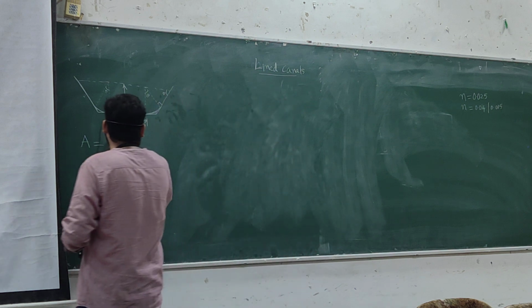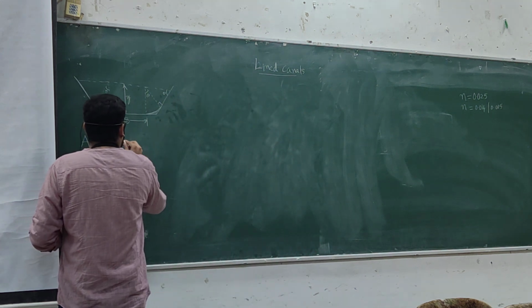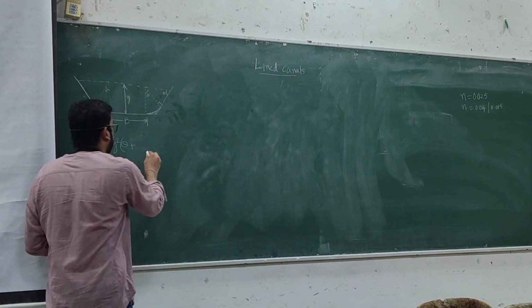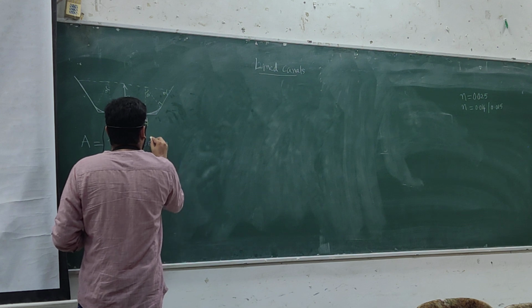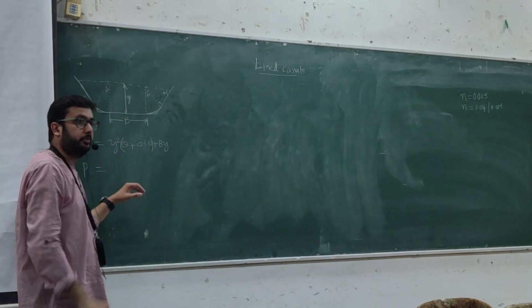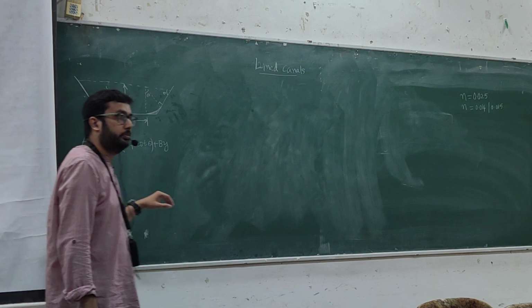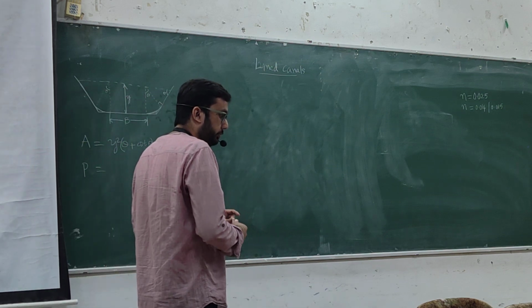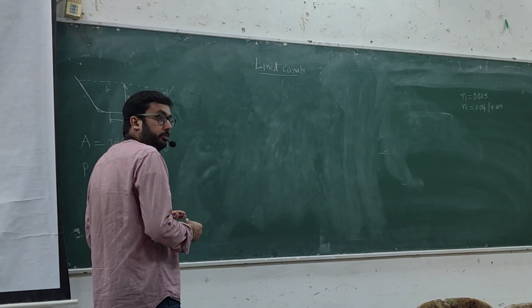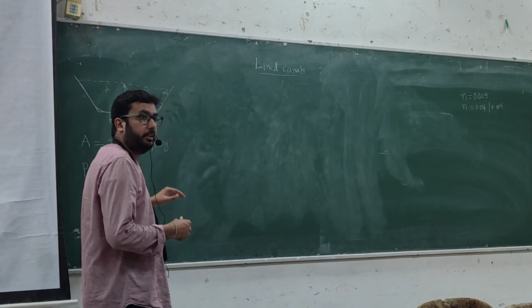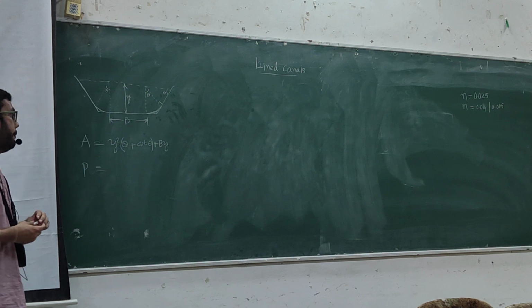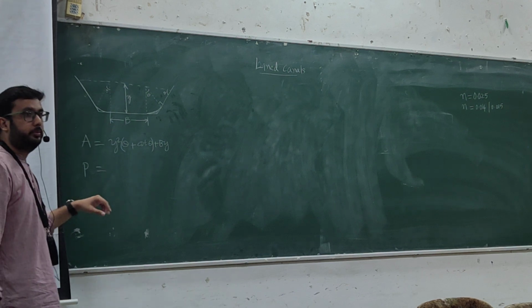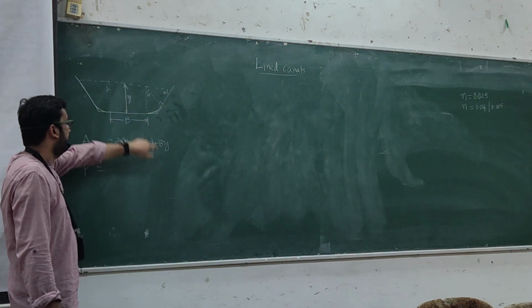Y square, theta is inside, plus cot theta. So By is for the rectangle.